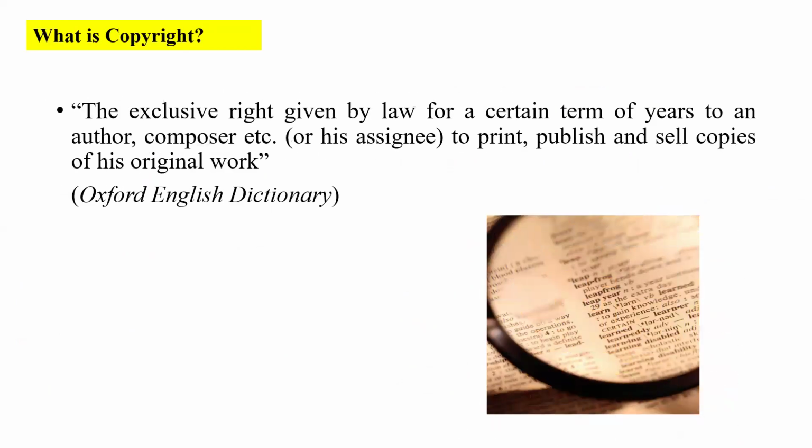What is copyright? Because of copyright, there are a lot of serious issues going on in multiple places. Literacy, because the same story of a movie can be created in different forms.